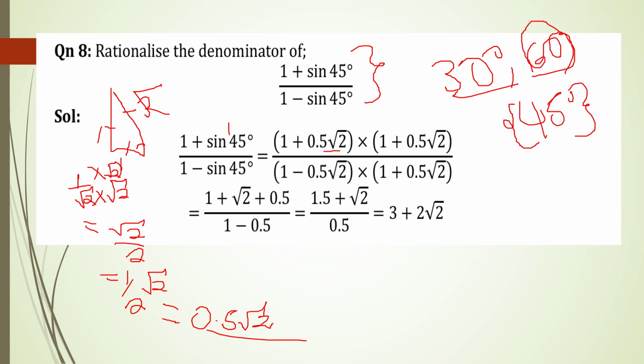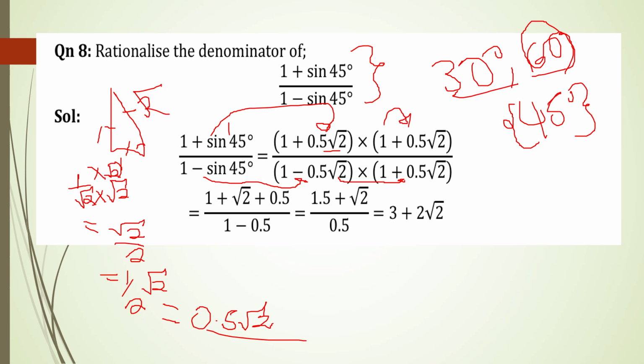So that's why you're seeing that this one is the same as 1 plus 0.5 root of 2, and then the denominator is the same as 1 minus 0.5 root of 2. But here also, we don't leave surds in the denominator, so we have to rationalize our denominator by multiplying both the denominator and the numerator by the conjugate. The conjugate will simply change the sign. So it's going to be times 1 plus 0.5 root of 2, over 1 plus 0.5 root of 2.